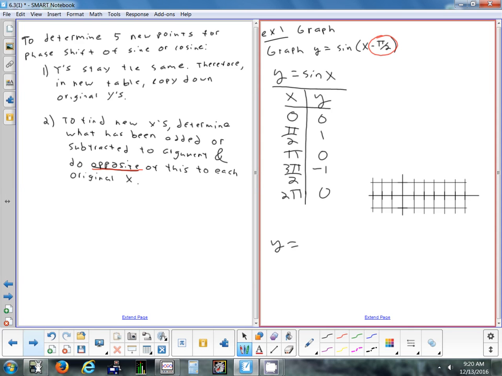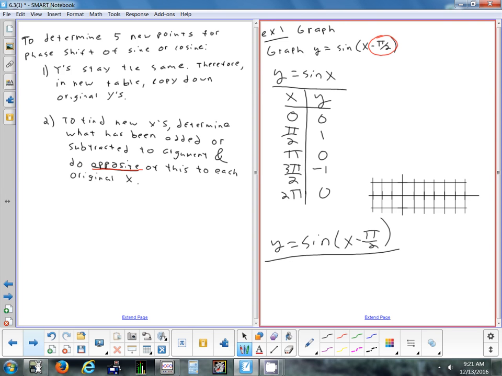Now I'm going to come up with my new table. What kind of transformation is this when you add or subtract a number inside the argument? Sam, what kind of transformation is this? What's the effect of subtracting pi over 2?